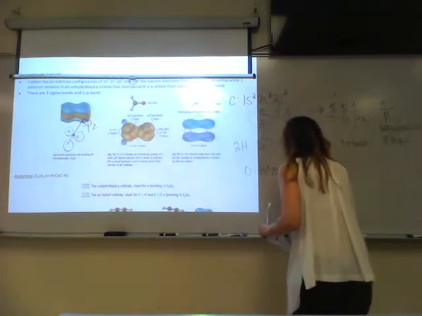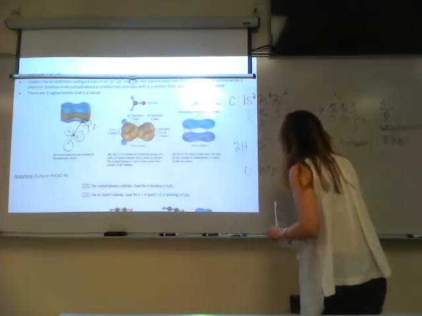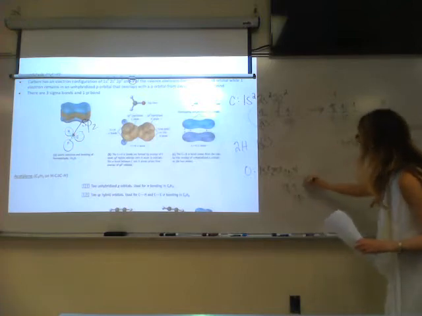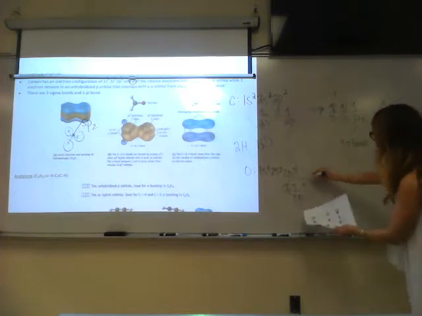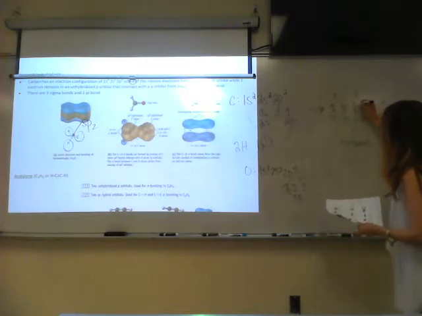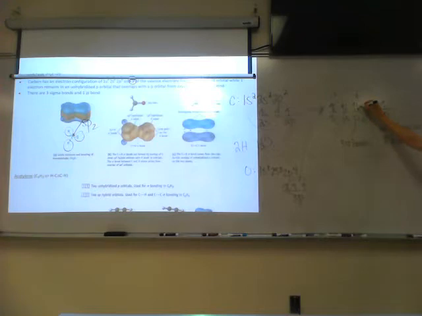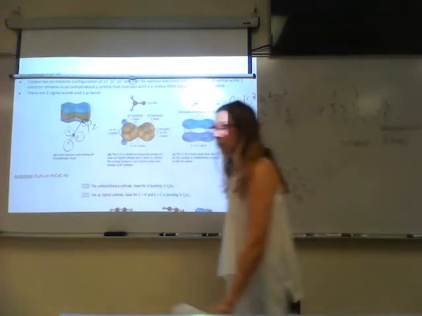So I'm just going to look at the 2p, 1, 2, 3, 4. One of the oxygen's electrons comes here. Another one of the electrons comes over here to create your pi bond, which you have between carbon and oxygen.